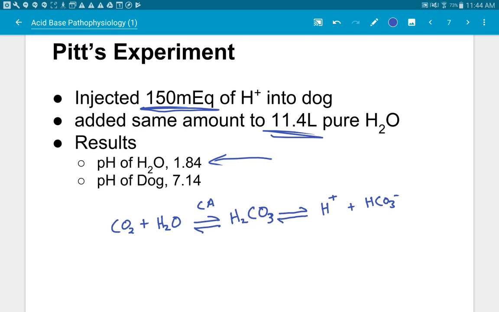Really low. The pH of the dog, 7.1. Now, still low biologically, but he put the exact same amount of hydrogen ions in the dog as he did in the water, and the dog's pH barely budged. That's because of the buffer. The buffer is resisting change. It says, no, no, no, you can try to put a bunch of hydrogen ions in there. We're keeping the pH the same.